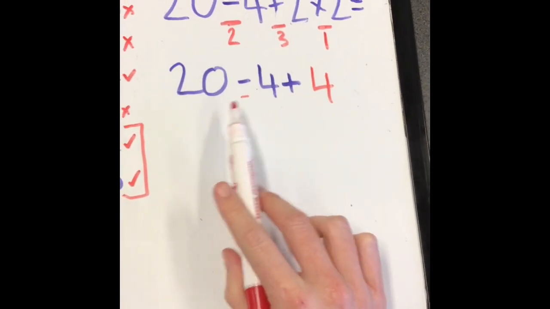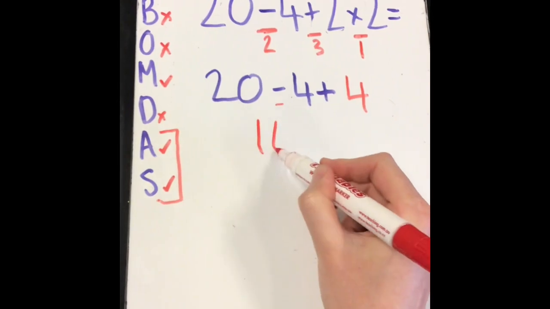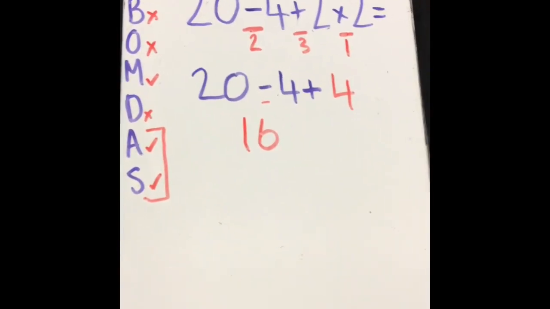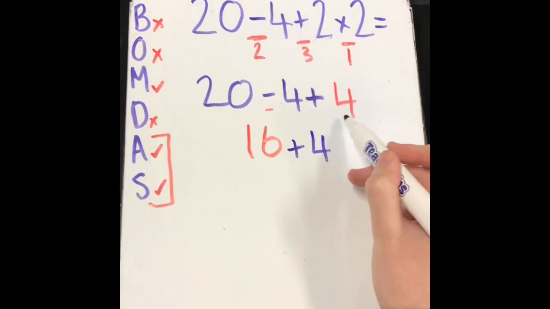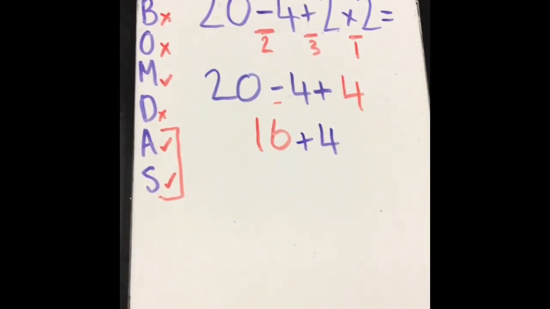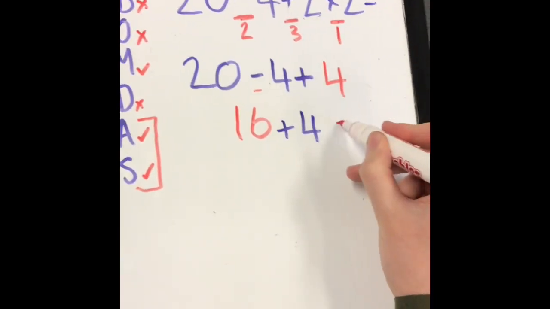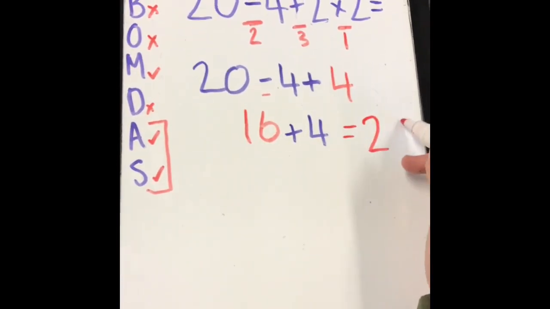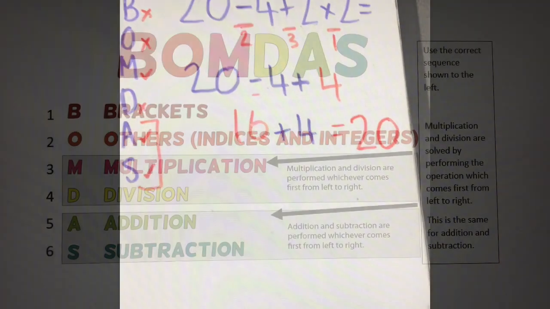So 20 subtract 4 equals 16, and then I will need to add my last 4 here. So let's go ahead and do that. 16 plus 4 equals 20. So 20 is our answer to this problem here.